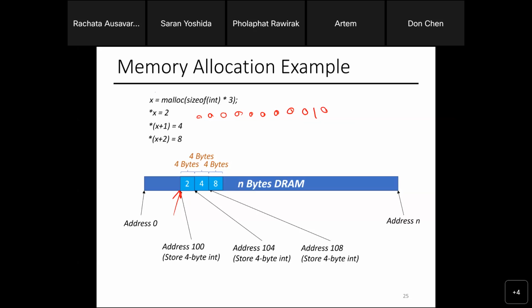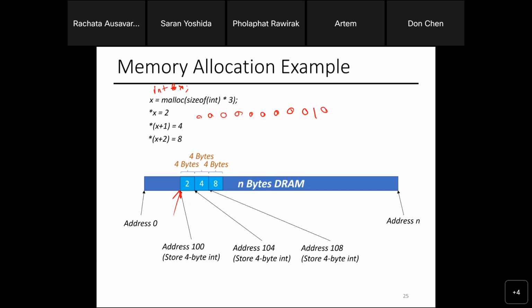What would happen if you don't malloc? When you initialize, it's just the single data x. There's no heap data.